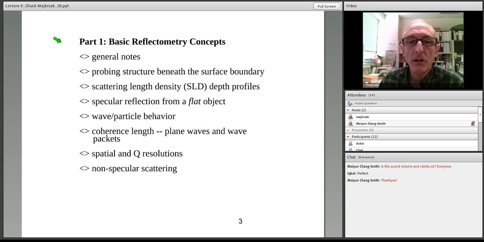Also something about coherence length and how it pertains to the diffraction process in the context of reflectivity measurements. We'll discuss the resolutions, both spatial and in reciprocal or scattering space, and discuss non-specular scattering as well.